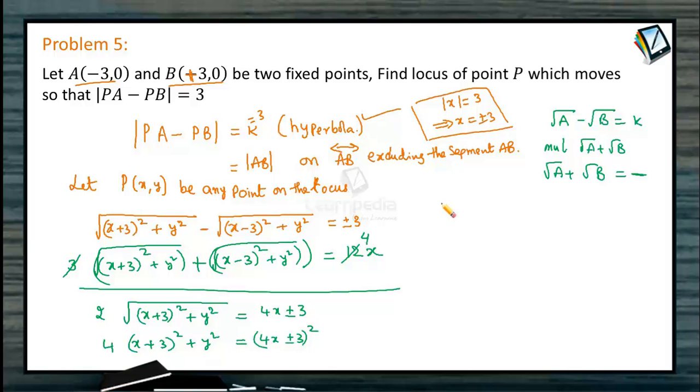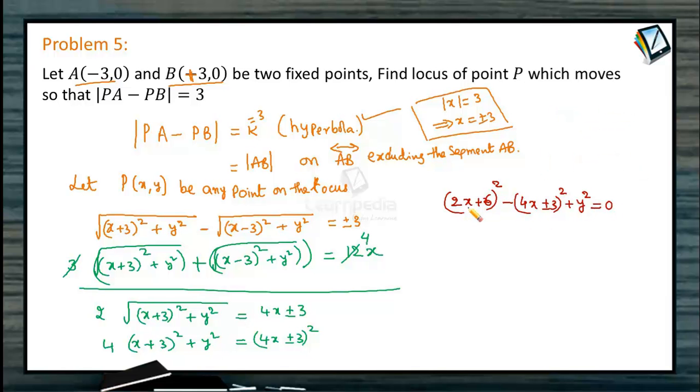Further simplification: this 4 can be pushed inside. So I can write this as (2x + 6)² + 4y², and I can bring (4x ± 3)² to this side, so it is (2x + 6)² − (4x ± 3)² + y² is equal to 0.